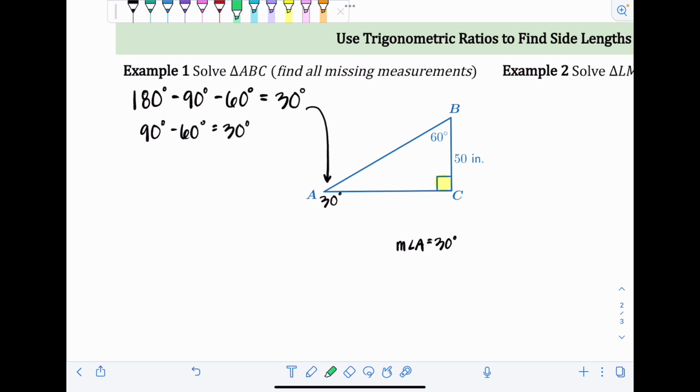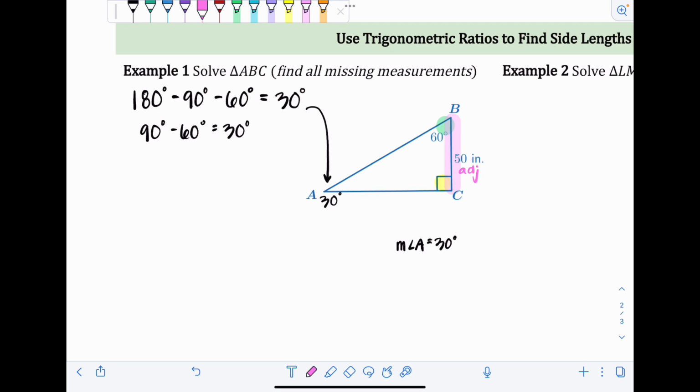So first we'll pick an angle. I'm going to use the 60-degree angle. And it has to be one of the acute angles because the trig ratios are based off of the acute angles. So I'm going to use angle B. And then I have to look at what do I know and what do I want to find first. So I know BC. That's the side that is adjacent to angle B, which is 60 degrees.